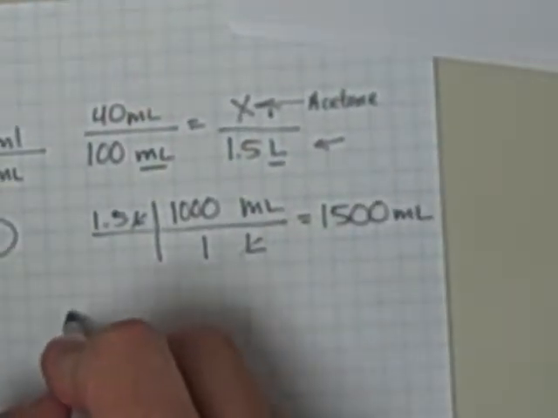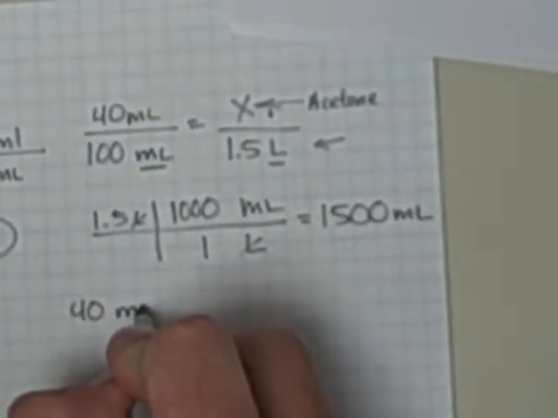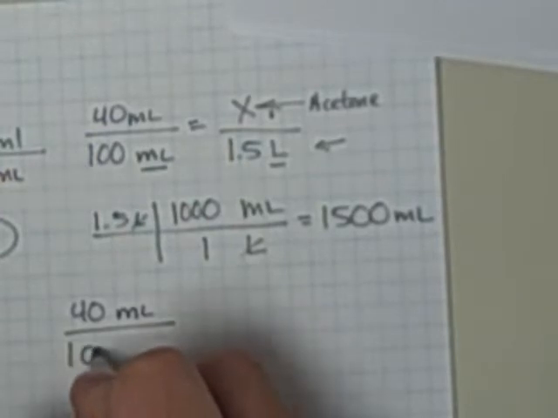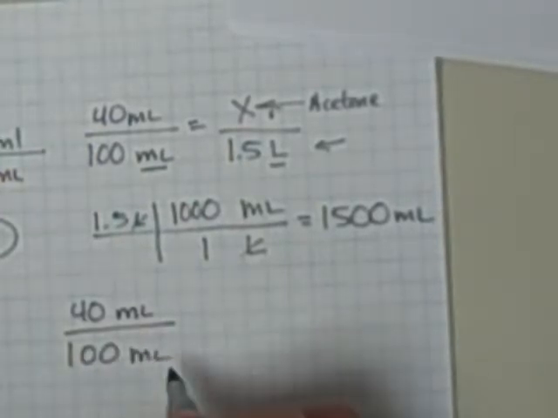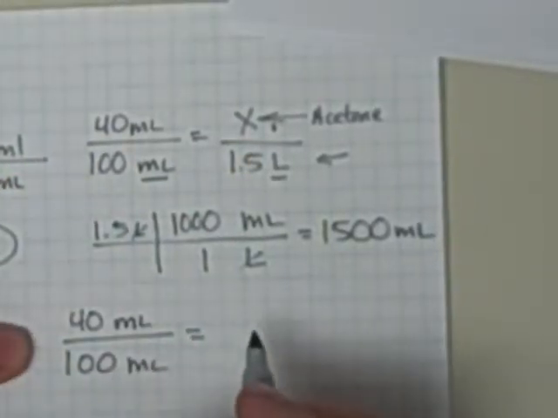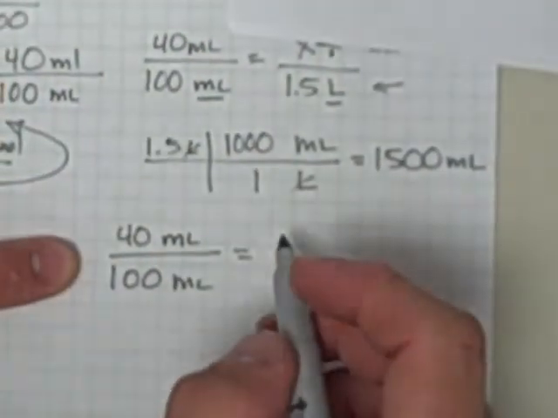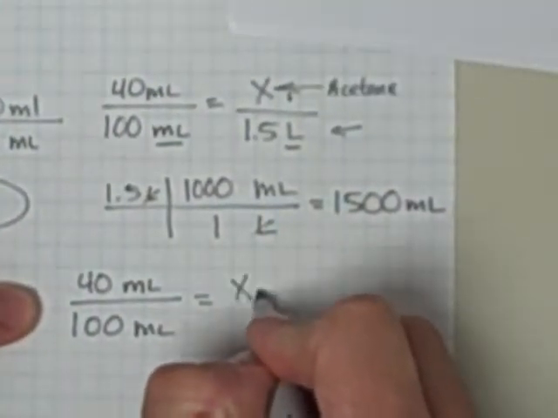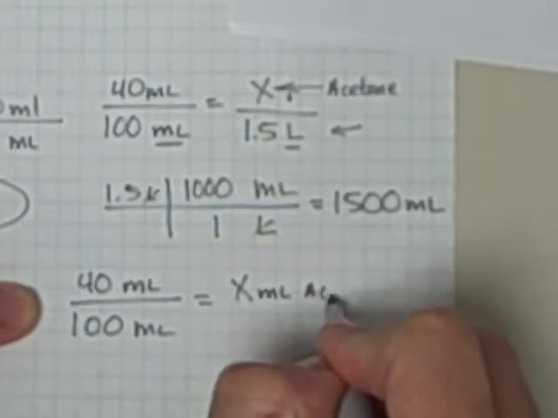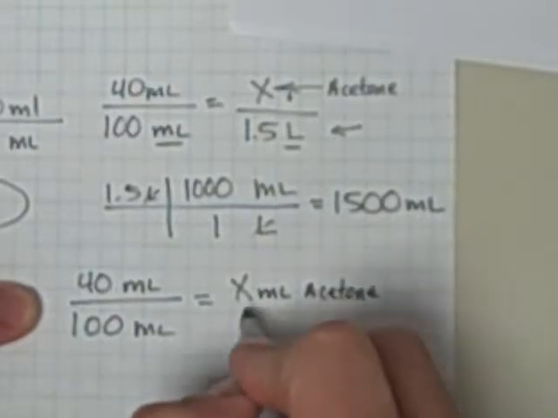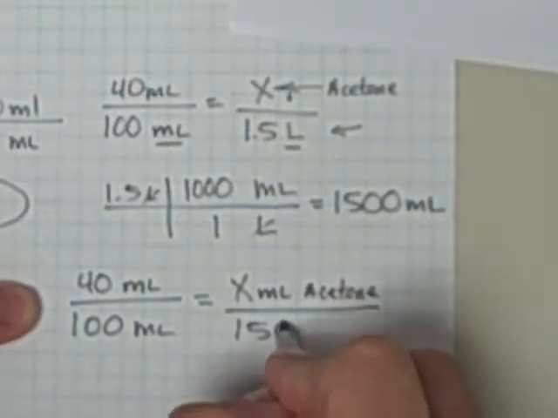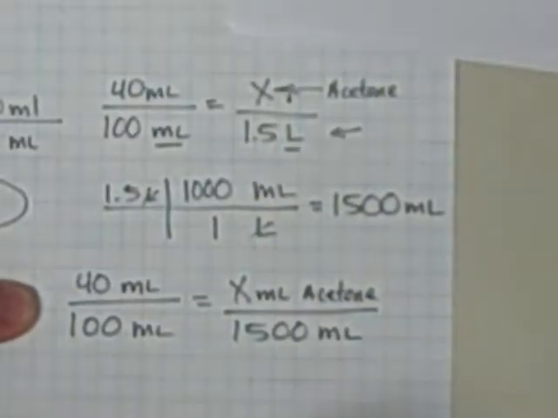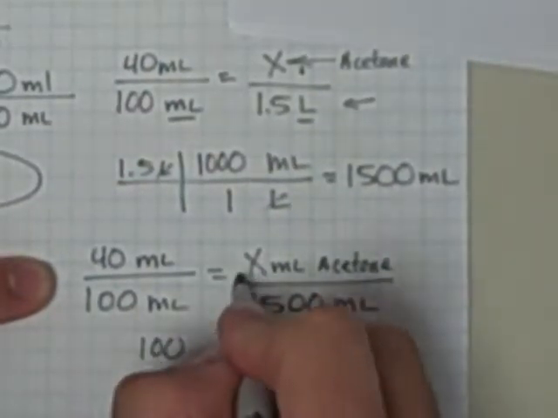So now I can go back to my original problem using my 40% solution. I know that I've got 40 milliliters of acetone for every 100 total milliliters. What I don't know is how many milliliters of acetone I'm going to need if I want to make 1,500 milliliters.